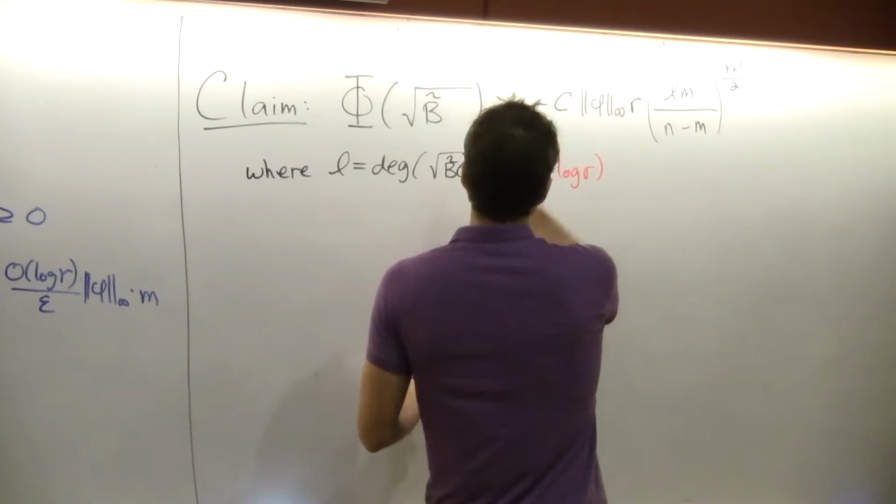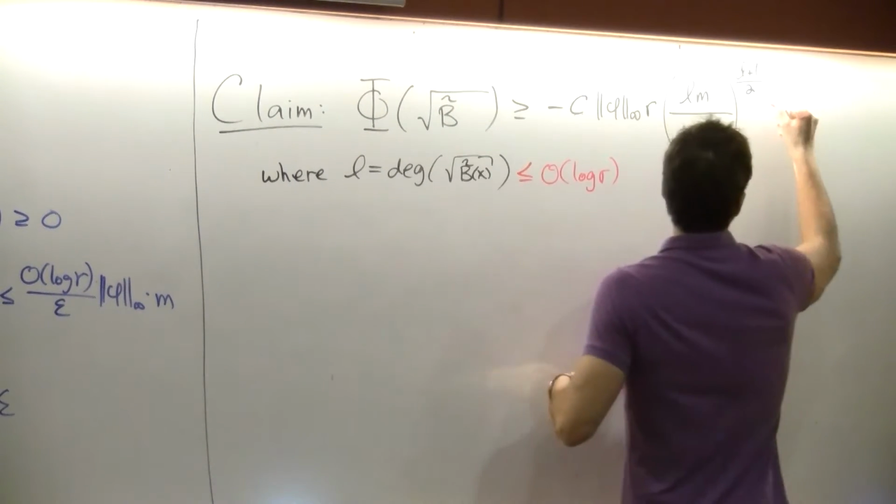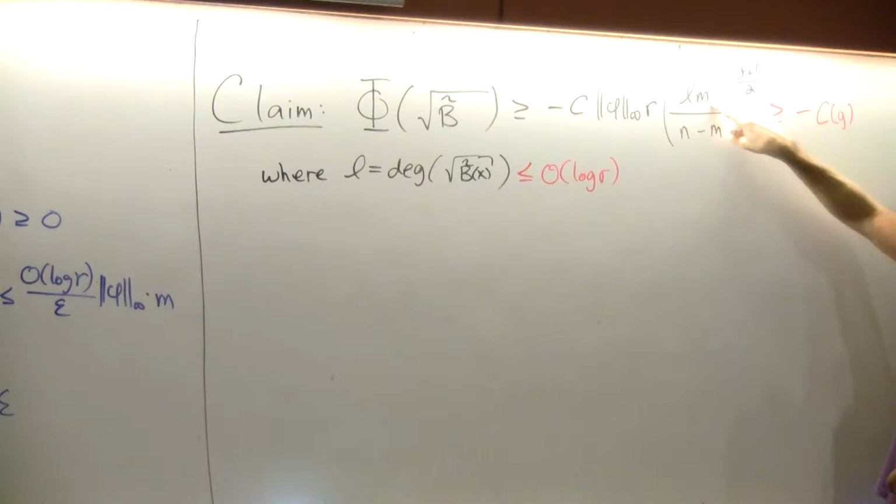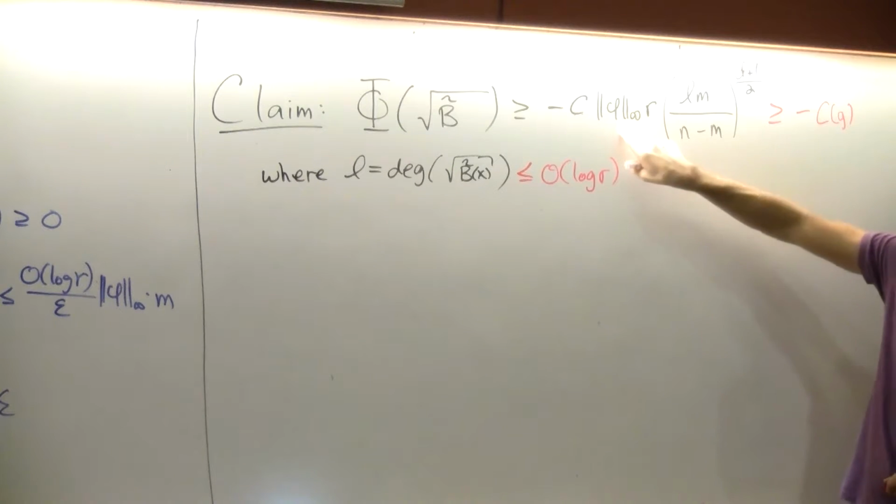So then, if we use this, then this is minus some constant depending on g. There are lots of things that are constants depending on g. This m is a constant depending on g. This is a constant depending on g.